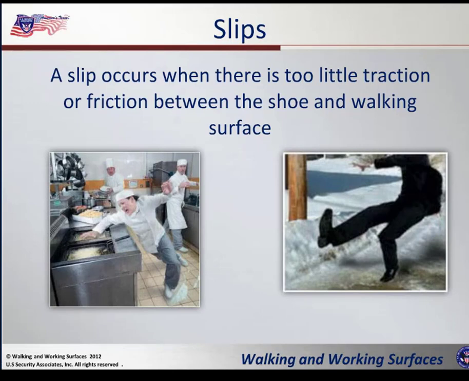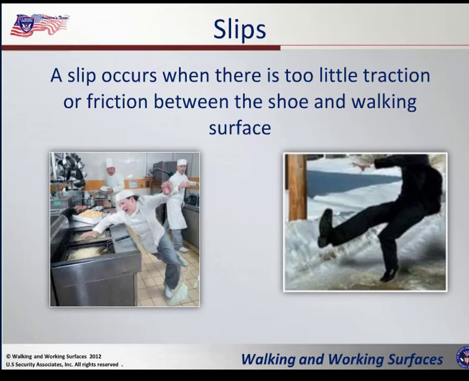Okay, the first thing that we're going to do is look at slips, and we're going to define what a slip actually is. A slip occurs when there is too little traction or friction between the shoe and the walking surface. For example, the lady at the restaurant is slipping on the floor, but her hand is heading for the hot grease.